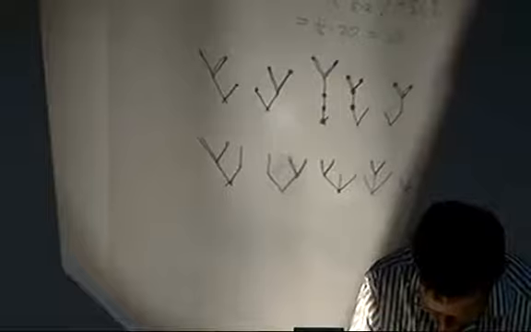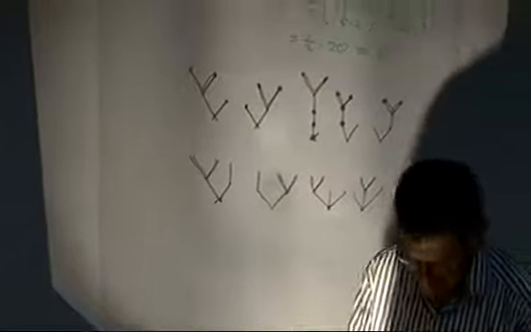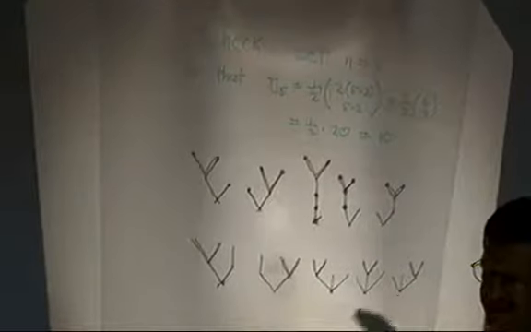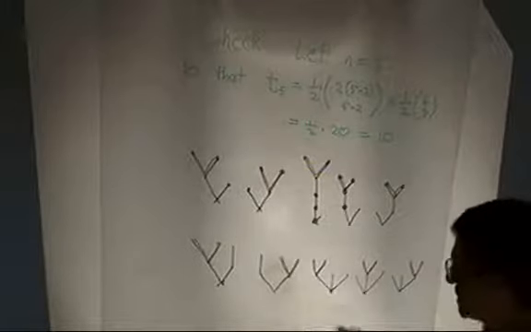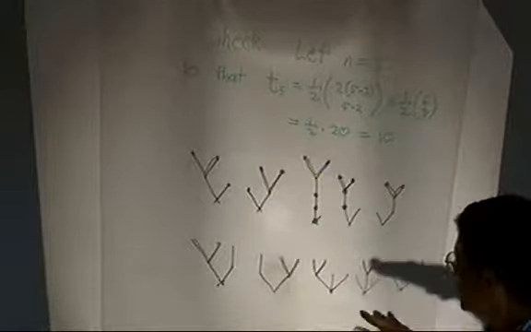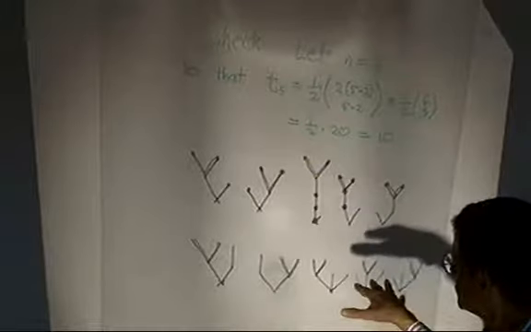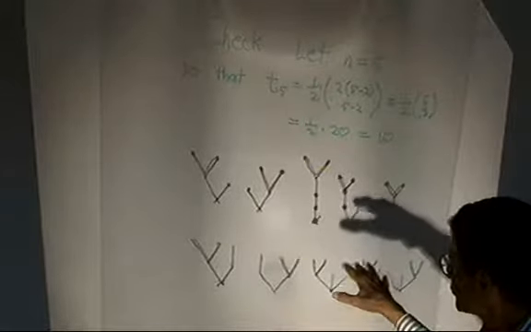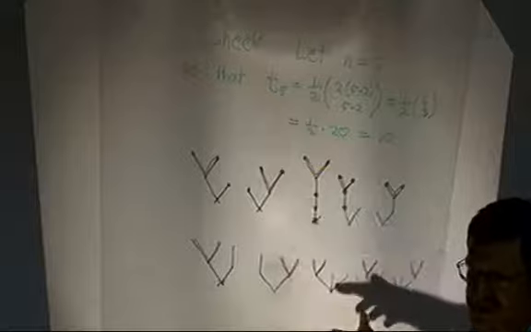Plug in n equals 5, see that we've done our arithmetic correctly, and we're expecting 10 twigs, and there they are. When we go any bigger, we'll start getting some trees with more than 1 twig. There are 14 ordered trees, but the other 4 didn't have any twigs.